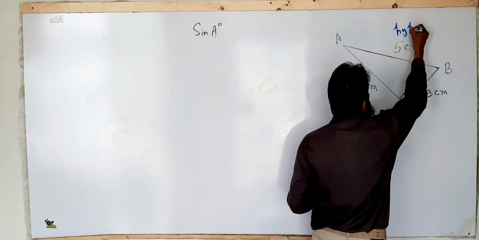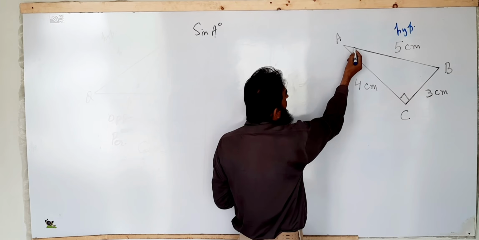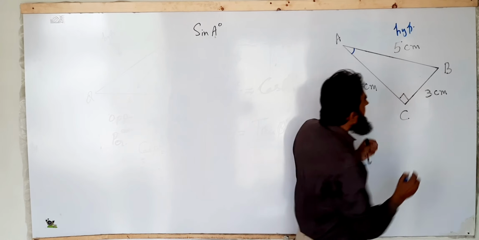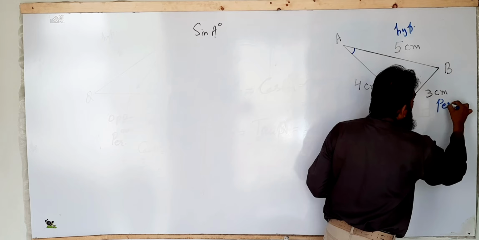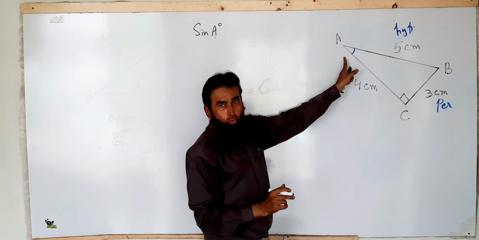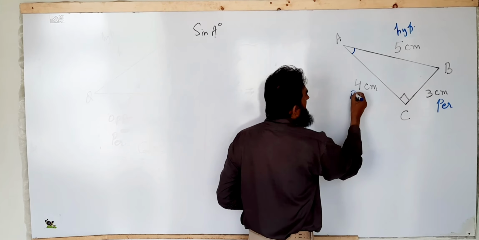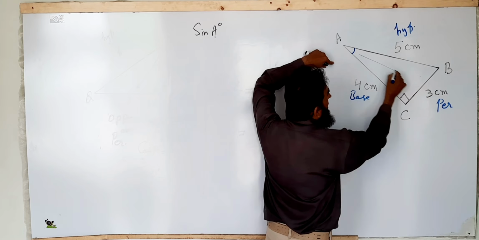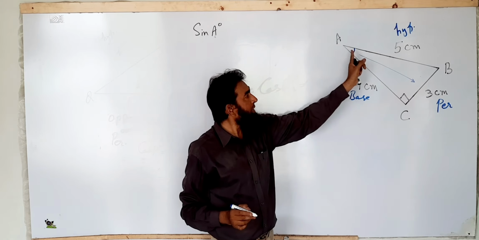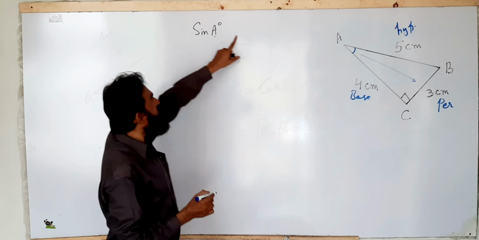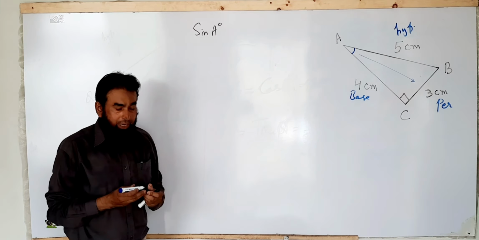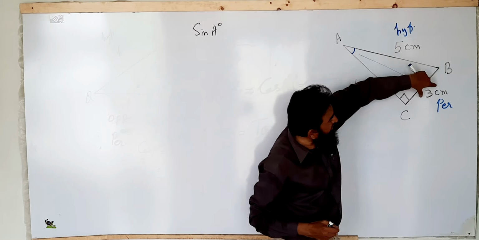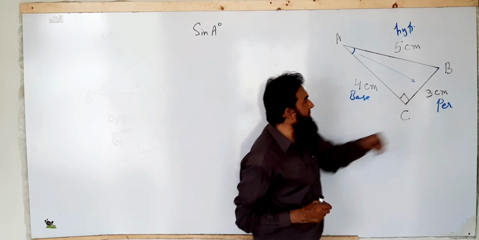This is called hypotenuse, and I told you that if you are considering this angle A, then opposite to angle A will be perpendicular and adjacent to angle A is called base. So this side will become base, that will be the perpendicular. So the side opposite to the angle under consideration, because I am going to write down sine of angle A. So that side, the B to C side, this CB side which is 3 centimeter, will be called perpendicular.